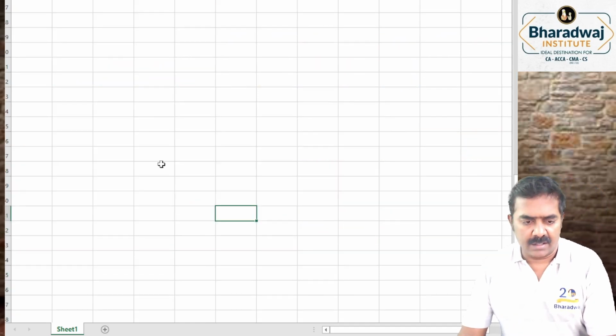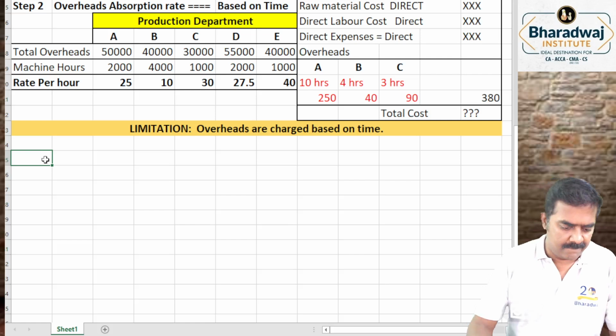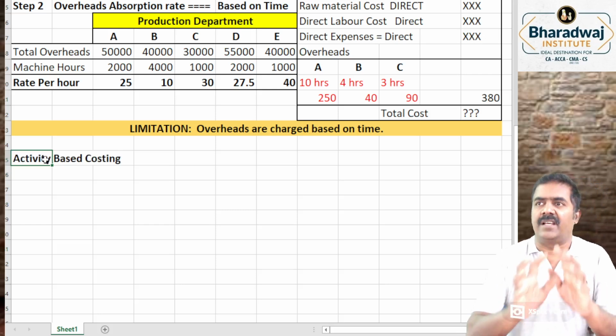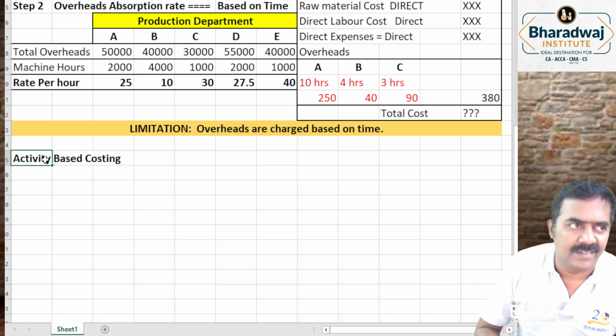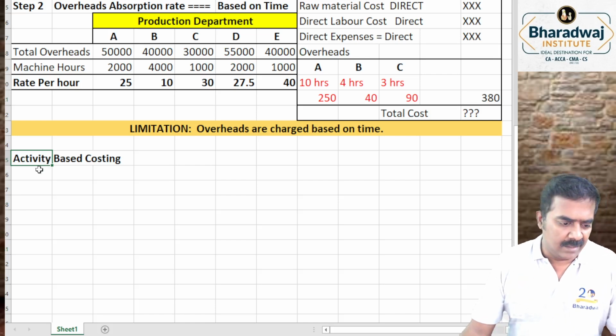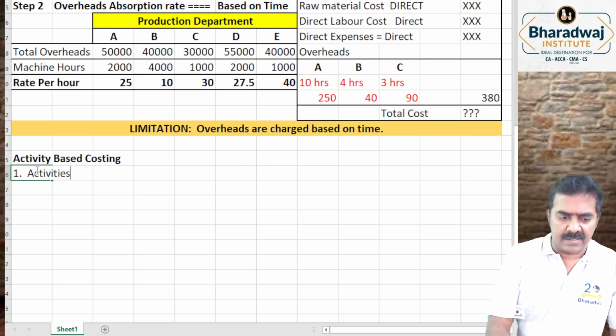Next, let's start activity-based costing. Just like that, you cannot apply or implement activity-based costing. There is information that is required. The first one is, we require information about activities and the cost of the activities.